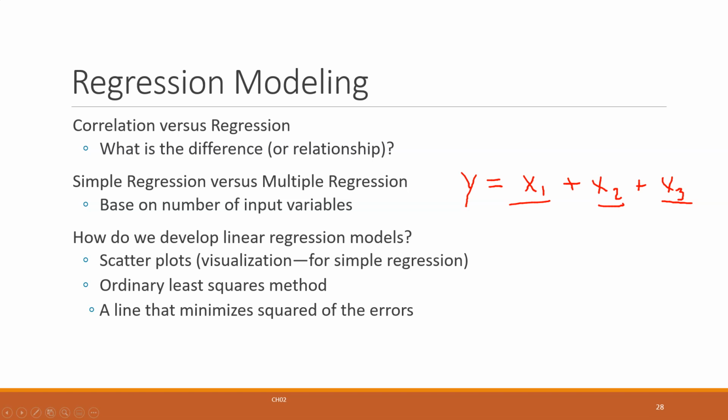So how do we develop these regression models? We can use scatter plots. There's a method, a lot of times people will refer to OLS, or ordinary least squares. And the result of these techniques is, with some type of measurement that was taken from an input versus output, a best fit line might be drawn, and that minimizes what's called the squared errors between the inputs and the output.